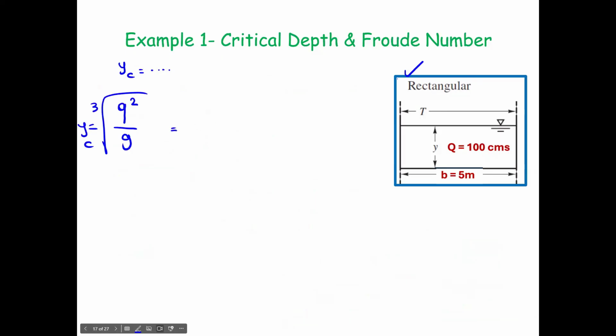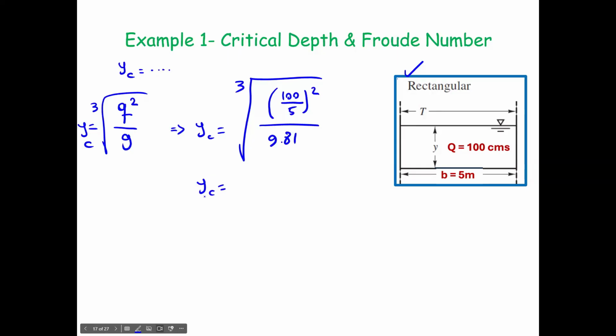So YC is equal to, do you have Q? No, but you have large Q and B: the cube root of Q over B squared over 9.81. So find YC here as well. YC for rectangular is the easiest. You have a very small equation.